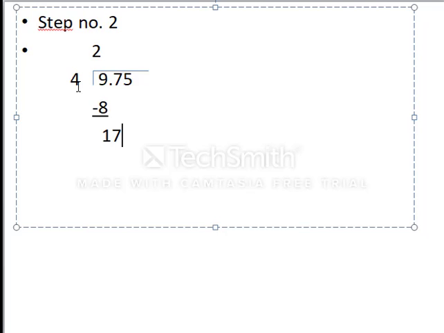You are going to look for a number that multiplied by 4 is equal to 17, because this is my new number that we are going to divide. Don't forget, you have to write the period here, because the number 2 is the whole number. The other numbers are decimals.